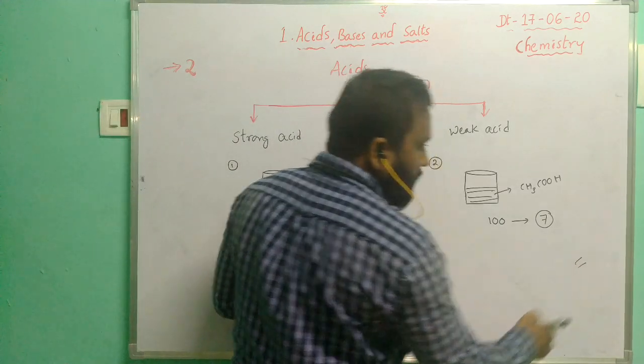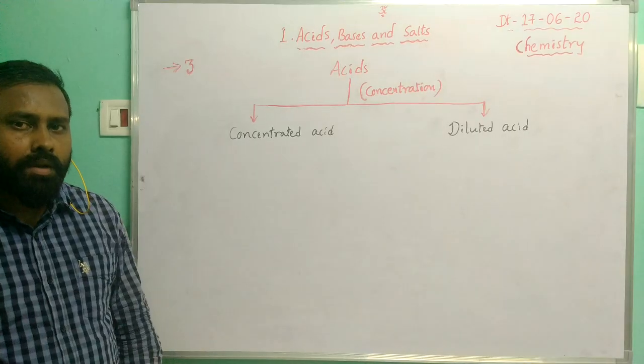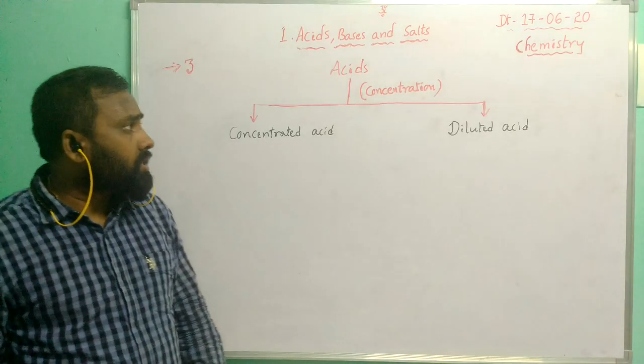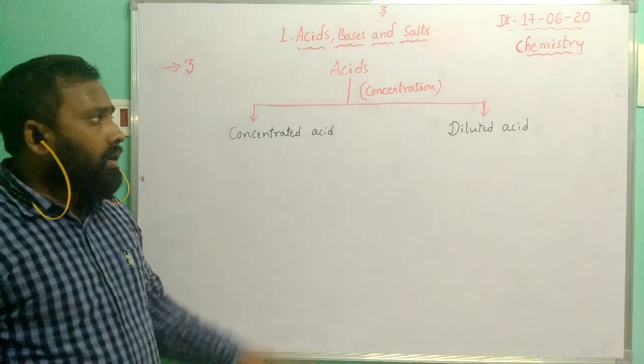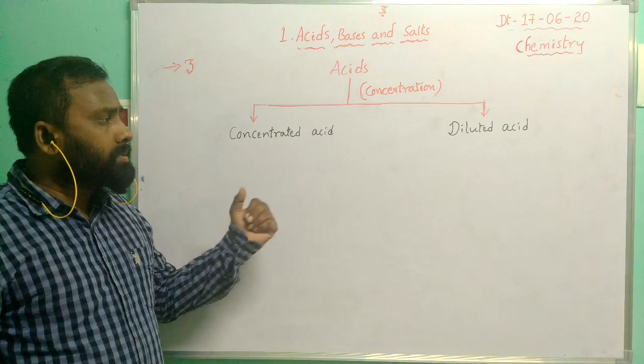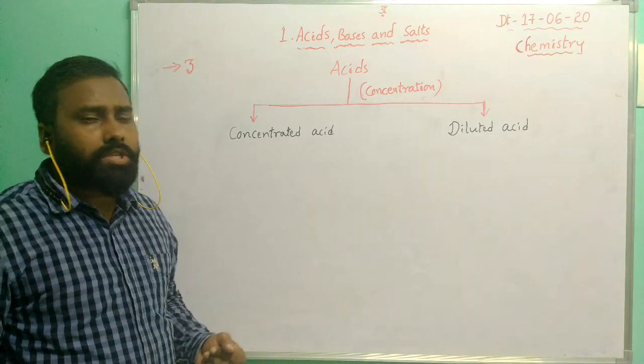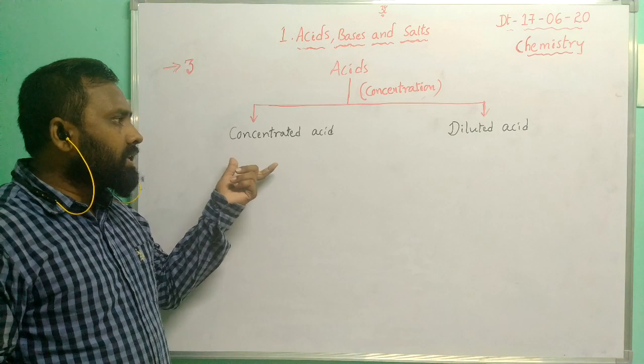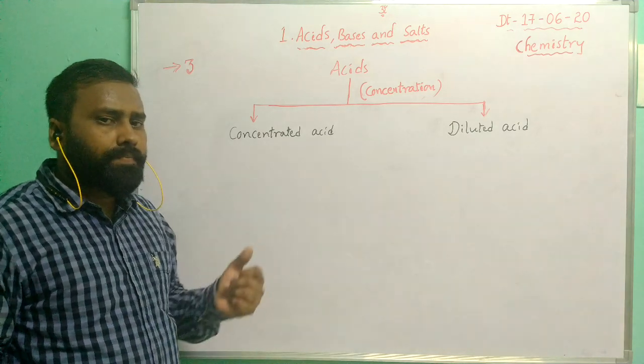Now my dear students, let us discuss the third classification. Acids are classified into two types based upon the concentration: concentrated acids and also dilute acids.